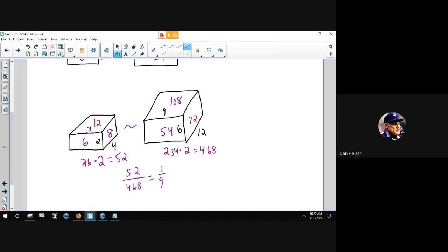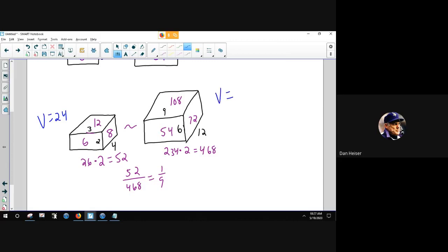Now let's take a look at their volumes. The volume of this prism, base area times its height, the volume of that prism is going to be 24.